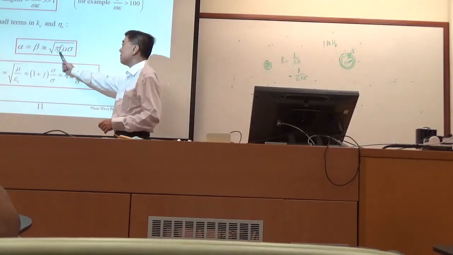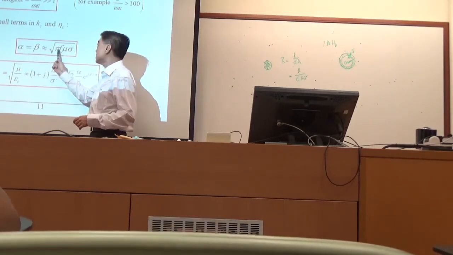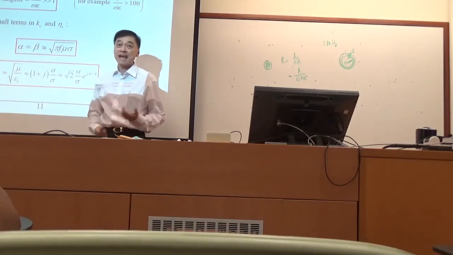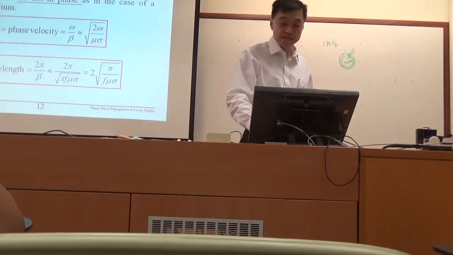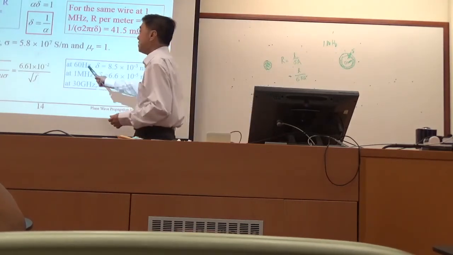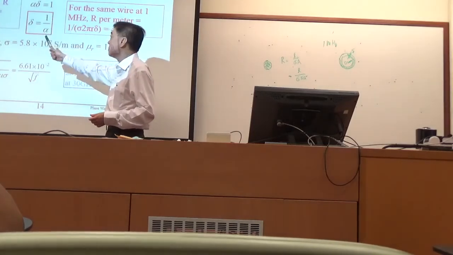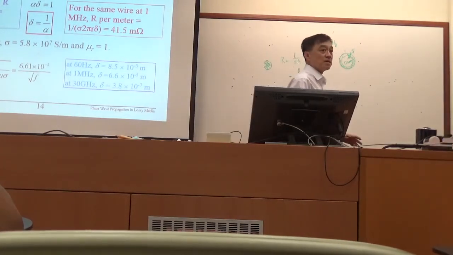When frequency goes up, alpha goes up, and the skin depth delta is equal to 1 over alpha. So when frequency goes up, alpha goes up and skin depth goes down, so this layer becomes thinner and thinner.